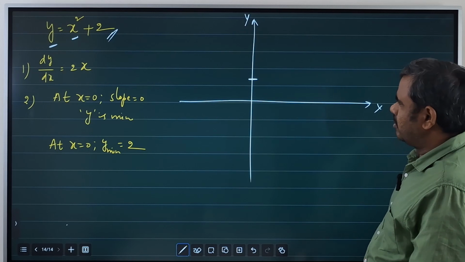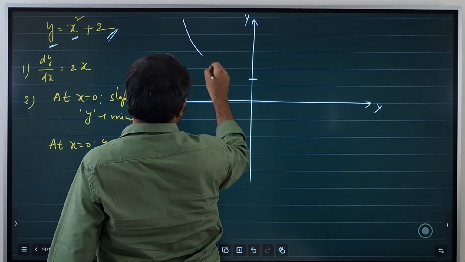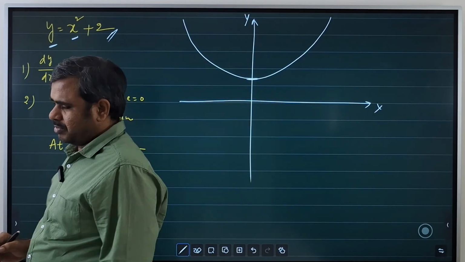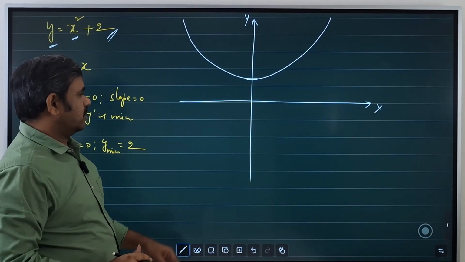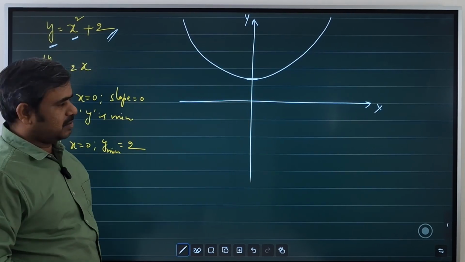For every value of y in the previous example, add 2 now. So the shape of the graph is not going to be different than the previous example. It is same. The only thing is that the graph has shifted up by 2 units.